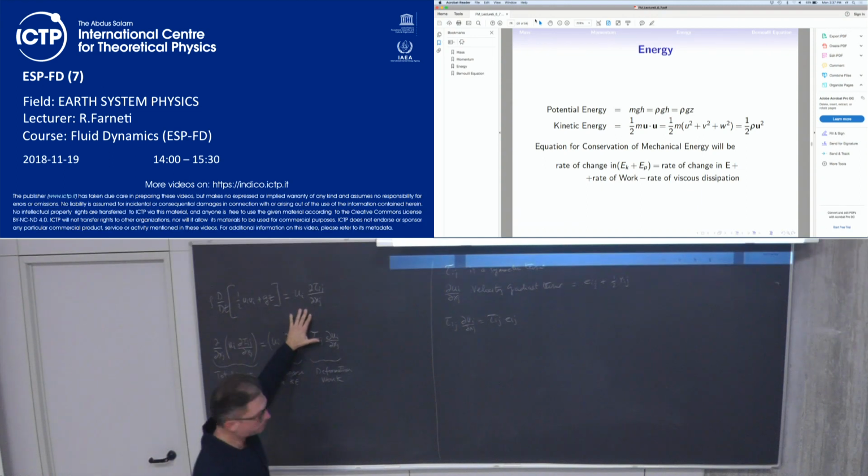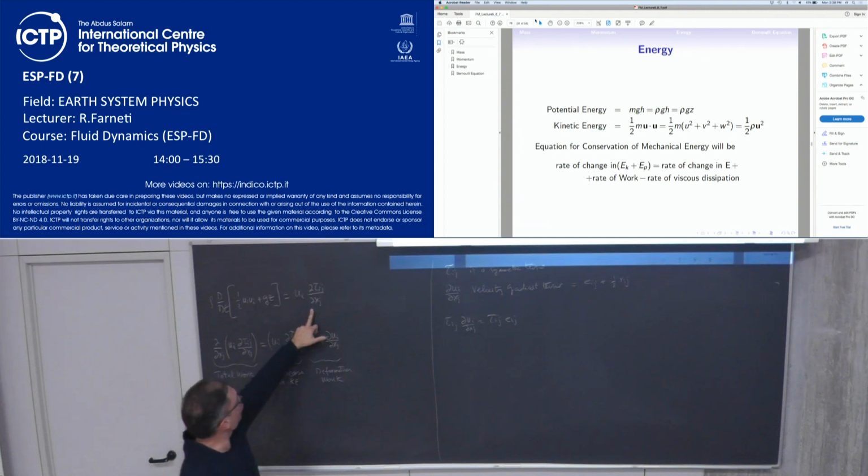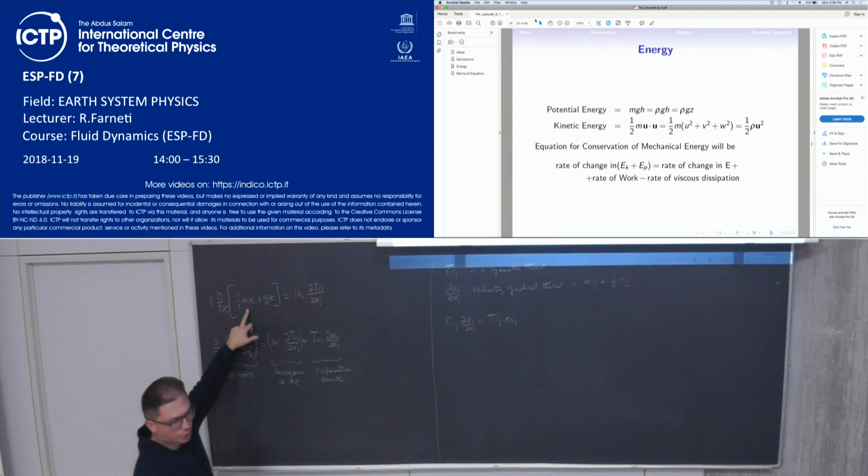So you have this imbalance of forces. This is telling you that you have some surface forces on the element of fluid, and the net imbalance in that little cube will give you an acceleration, for example, of the element of fluid. So it might increase the kinetic energy. If this is not 0, then the rate of change of kinetic energy will change because of this net imbalance in forces.